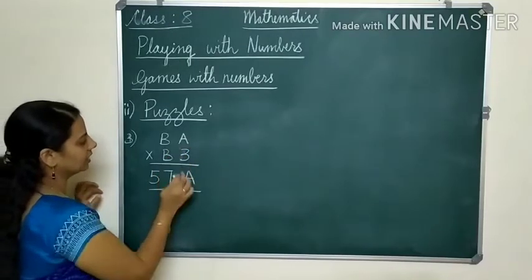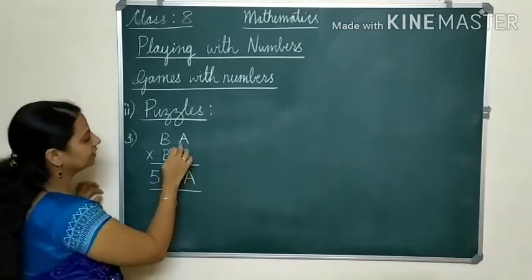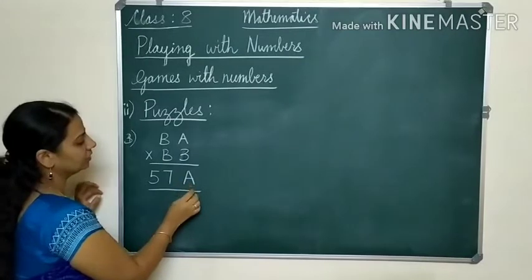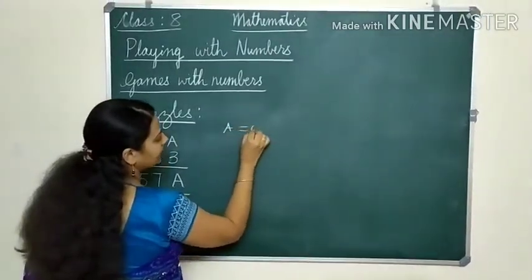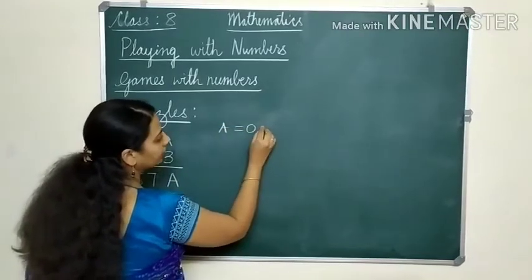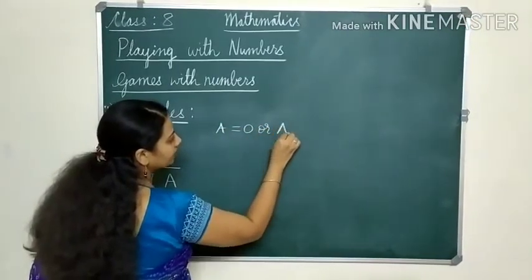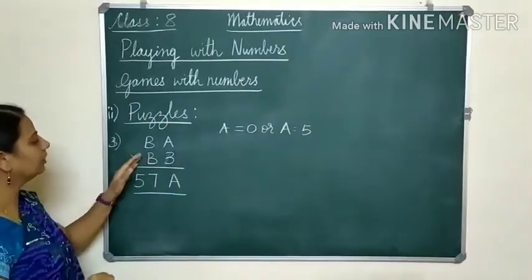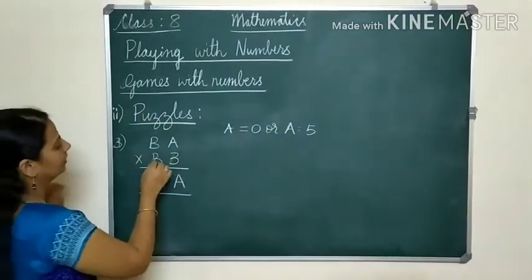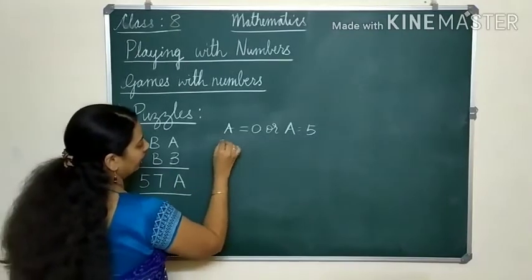See, 3 zeros are 0, right? 3 fives are 15. So here A can take the value A equals 0 or A equals 5.